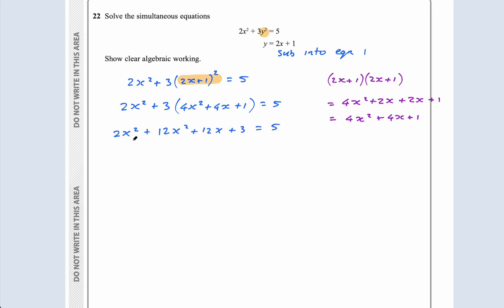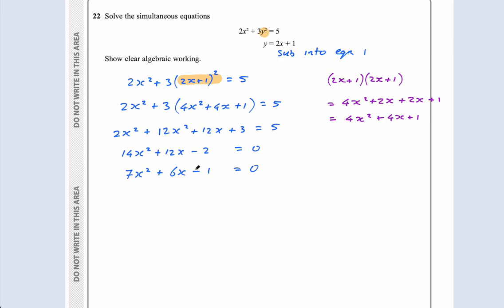This plus this is 14x squared plus 12x minus 2 equals 0. I'm going to subtract the 5. I'm going to divide by 2 because that will make things nicer. 7x squared plus 6x minus 1 equals 0.